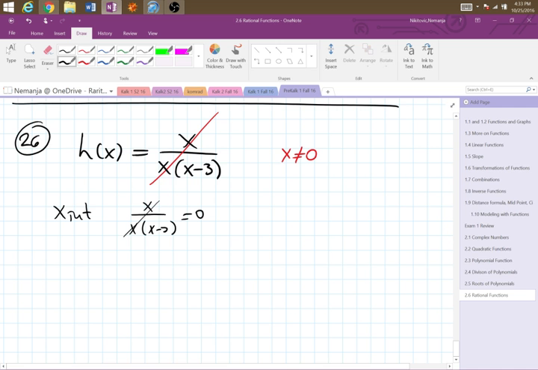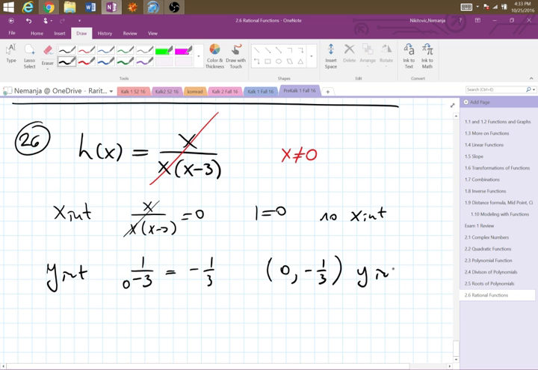These guys cancel, and you get 1 equal to 0. Makes no sense. No x-intercept. Perfect. Moving along. Y-intercept. We have 1 over 0 minus 3, which is equal to negative 1/3. So we have 0, negative 1/3 for the y-intercept.